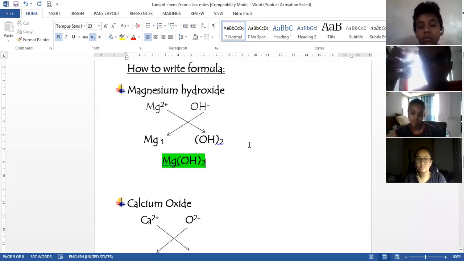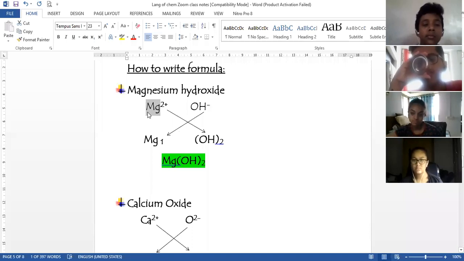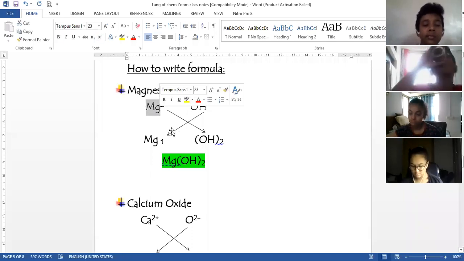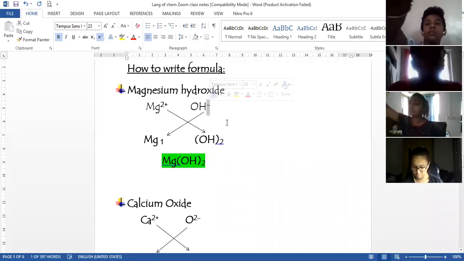Okay, magnesium hydroxide. The first thing you will do is write the symbol or formula involved. Magnesium is represented by Mg and hydroxide is represented as OH. You write that down first, then put the valencies. The valency of magnesium is 2 plus and the valency of hydroxide is 1 minus.